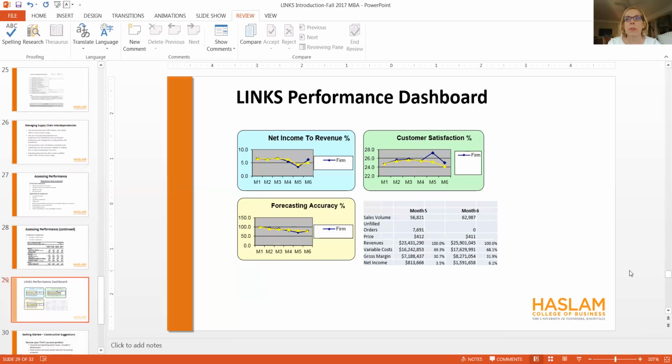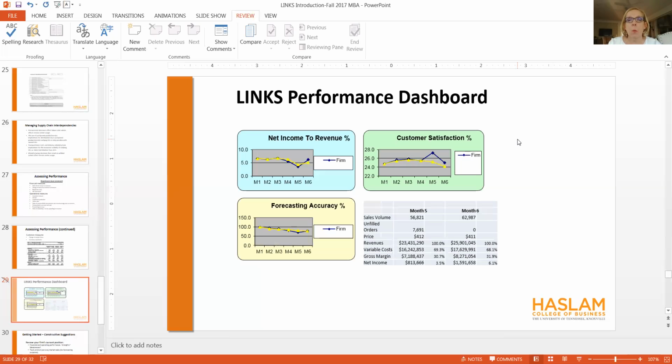As I said, you compete within an industry. We have 2 industries in our particular class. We have 4 companies in each of them. And so each and every decision round, you'll get a performance dashboard that will be under the Excel file there. Please check out that file if you haven't already, because Dr. Chapman has already provided under the forecasting all of the data for the first 3 months, and actually he has a couple of forecasting techniques that if you wanted to, you could certainly avail yourself of.